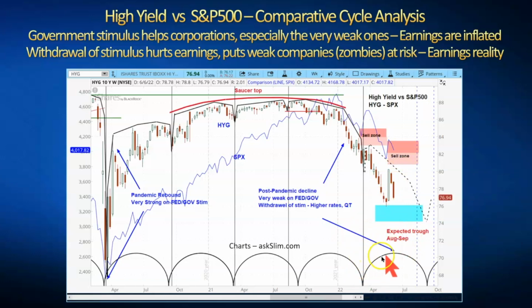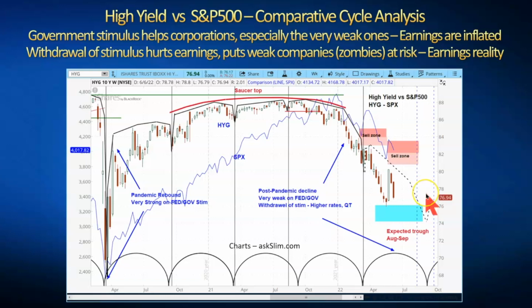What's important in here is this cycle right in here is expected to trough in August or September right over here. And this says that that stock market rebound that happened right in there and is now coming down is likely to continue out into this period right over here in this August-September time frame.